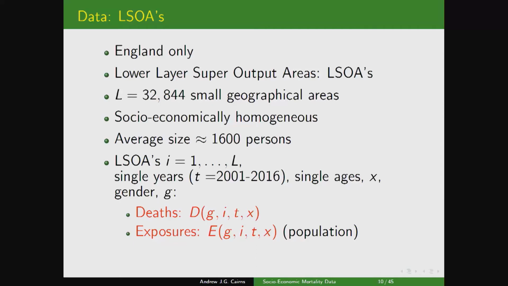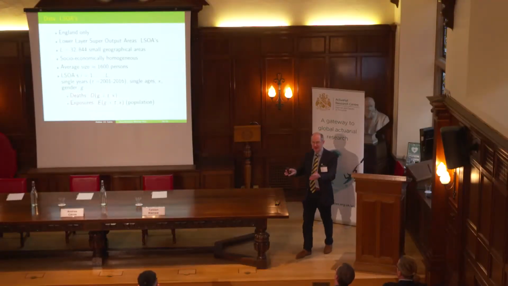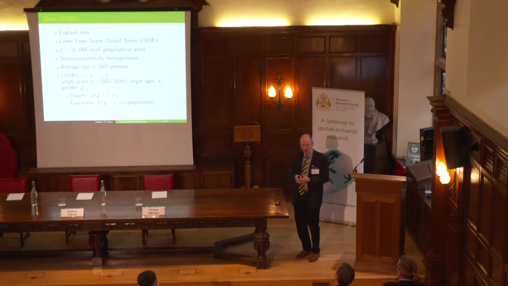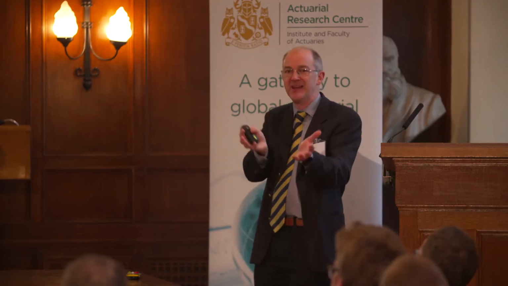There are just under 33,000 of these small geographical areas across England. They're designed as local neighborhoods which, as much as possible, are intended to be socioeconomically homogeneous, so that everybody within that area should have a similar sort of background.